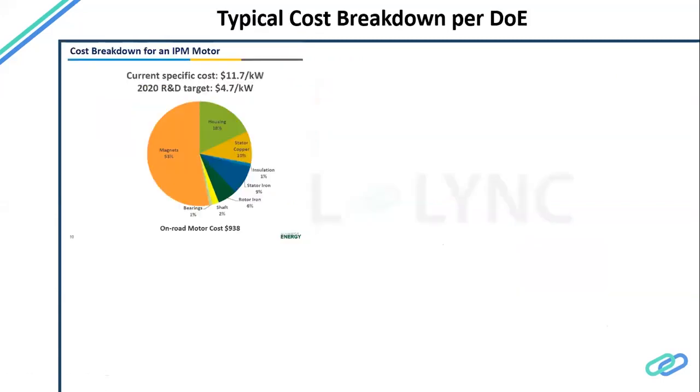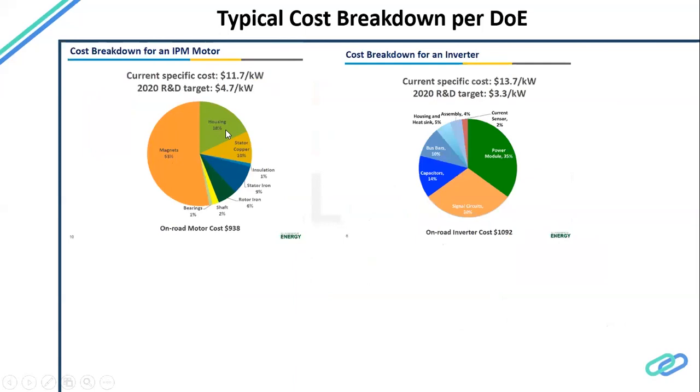Another element is where most of the cost is coming from. In a permanent magnet machine, close to 53% of the cost comes from the magnets. This is the target, going to 4.7 dollars per kilowatt by 2020, and this is the existing state from a year before, which is pretty much the same now.